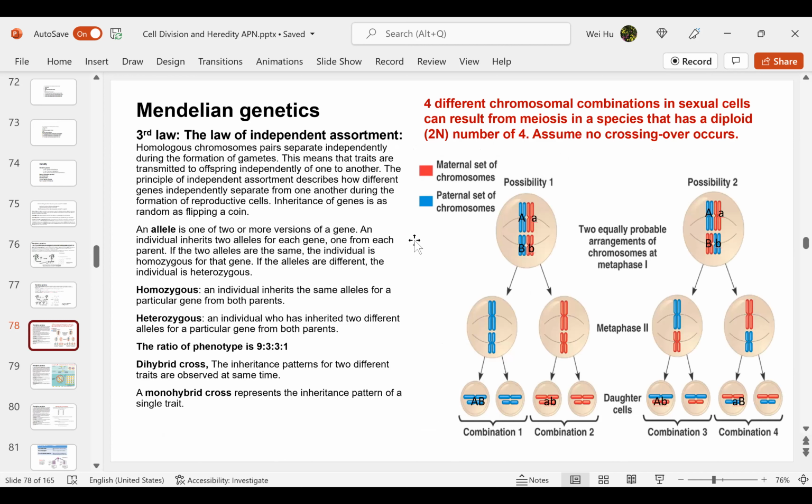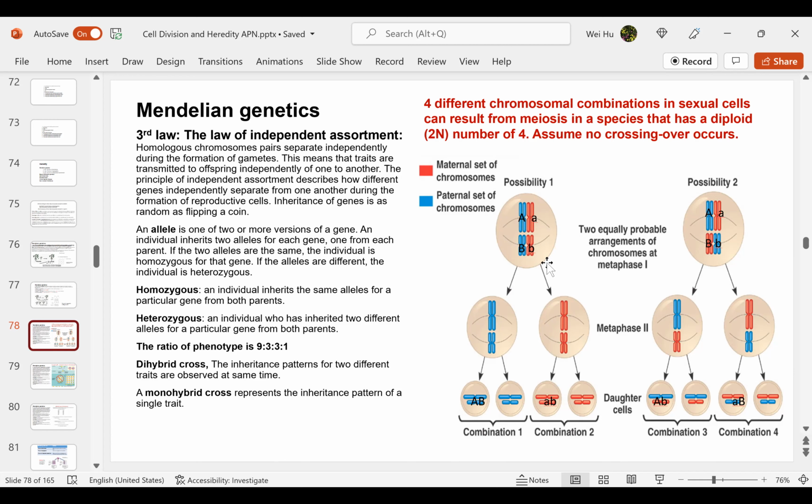Now let's go with examples. Let's assume you already have 4 chromosomes. Your father gave you 2, A and B. Your mother also gave you 2, A and B. Let's assume that big A is dominant and small a is recessive. Now what you can see is that when we're doing meiosis, your pairs will separate, right?